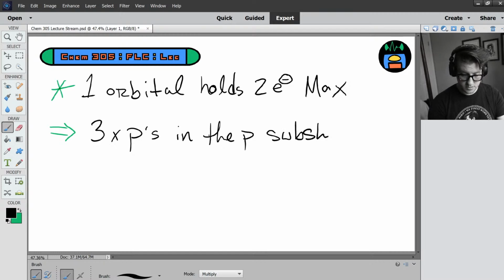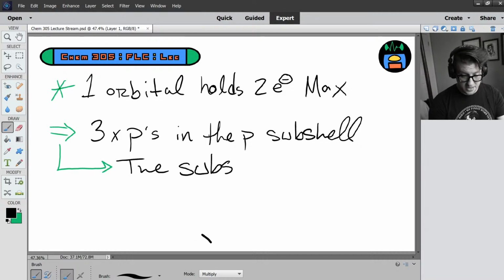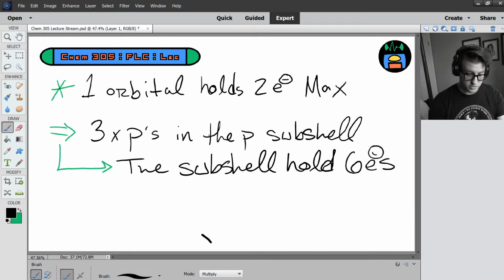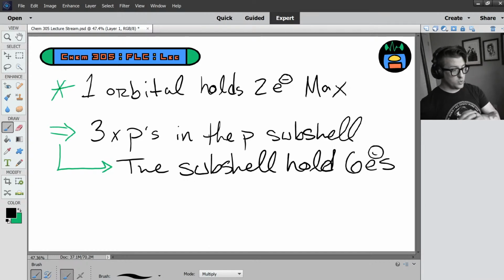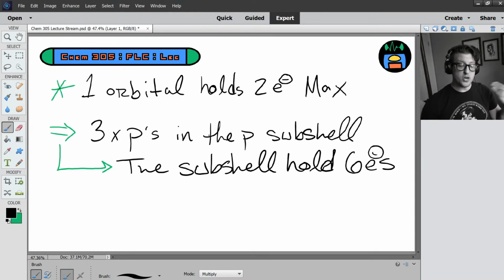Oops. So that means that the p subshell, which is all 3 p orbitals together, holds 6 electrons.